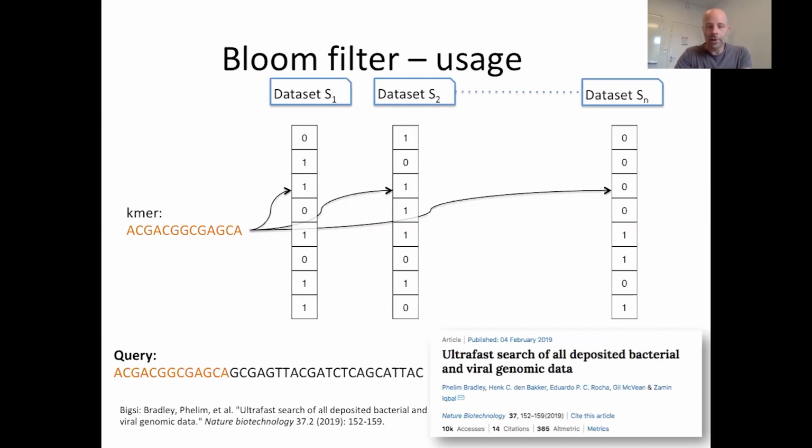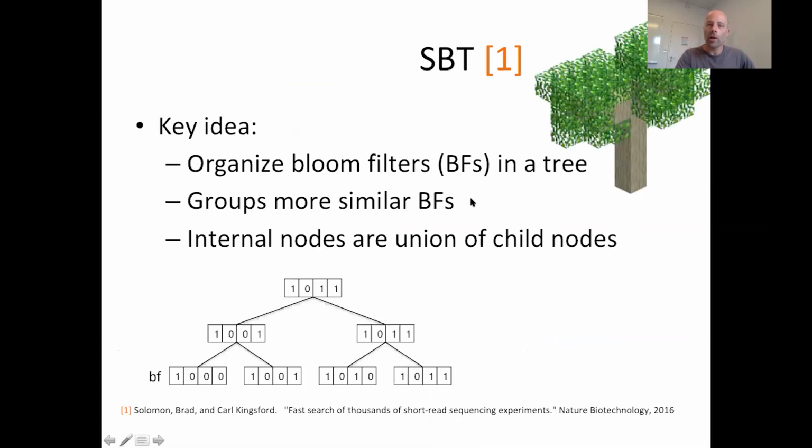So the idea is clever, it works well, but we can do better, and this is what is proposed in a data structure called SBT, for Sequence Bloom Trees, where you organize your Bloom filters in a tree. So the idea is to put the more similar Bloom filters in close leaves in the tree.